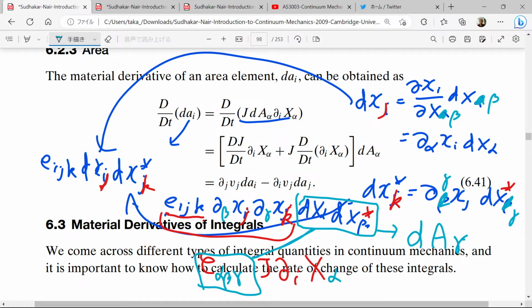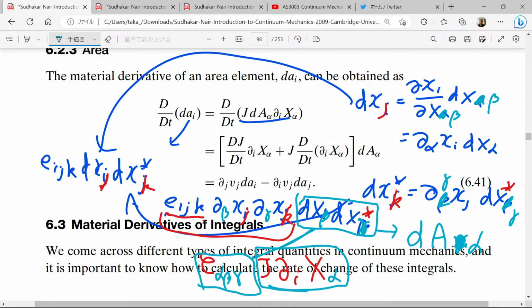Okay, then we combine. So here also we have beta and gamma. So if we combine this thing, we obtain dA alpha. So then the remaining thing is this one.